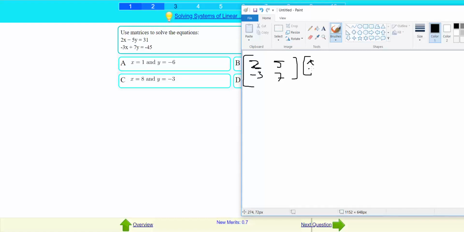Of course, we can use Gaussian elimination for this. This would equal 31 and -45, like that. So first of all, the first step we should do is get the determinant from here.